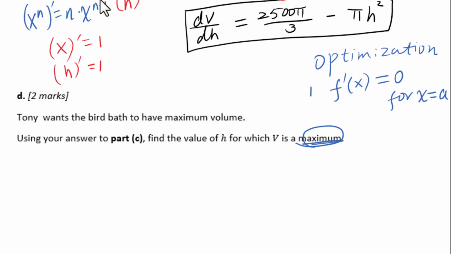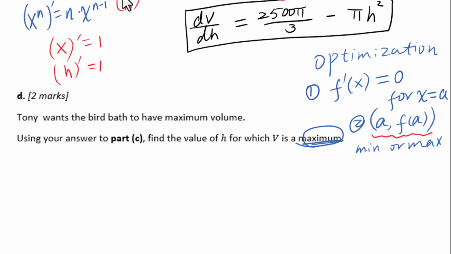For optimization, first step, we will make f prime of x equal to 0 and solve for x. Then f of a could be maximum or minimum. So we will set up dV/dH equal to 0 and solve for h. You can solve it by graphing or by equation solver.